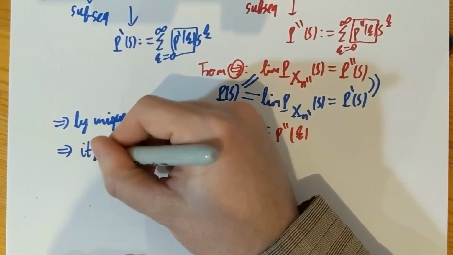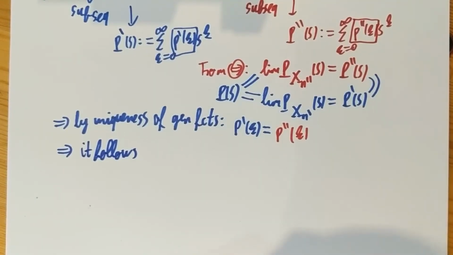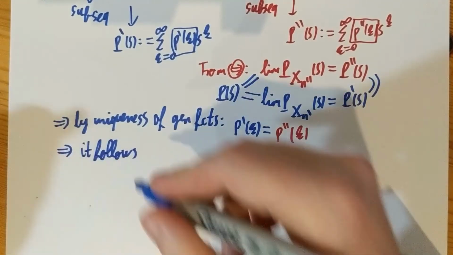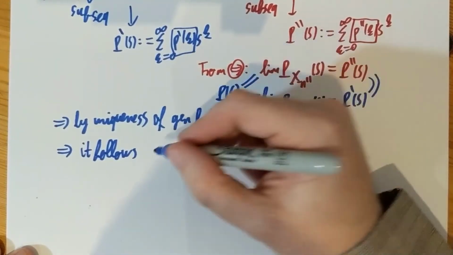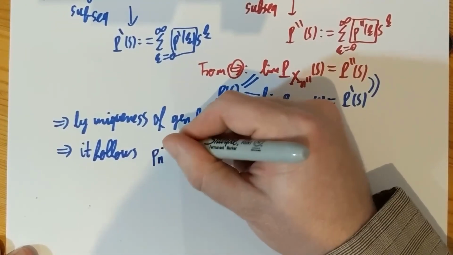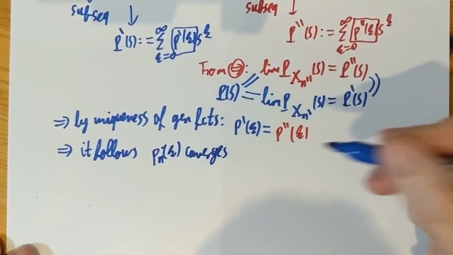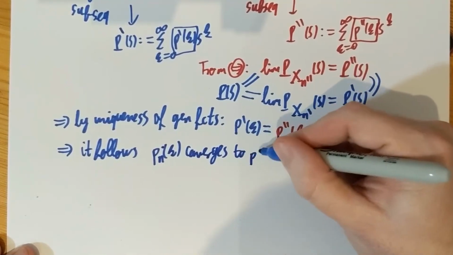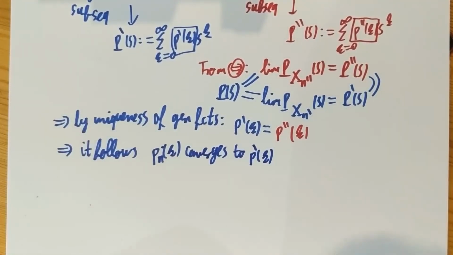So it follows, that's an abstract theorem in analysis. If every subsequence converges to the same limit, then it follows that the original sequence P n of k converges to that same limit, P prime of k, which is equal to P double prime of k.